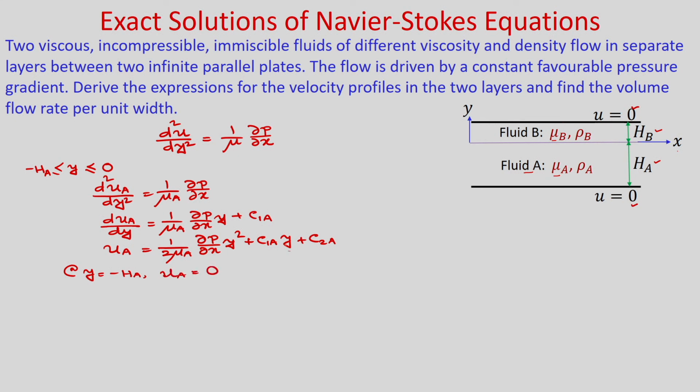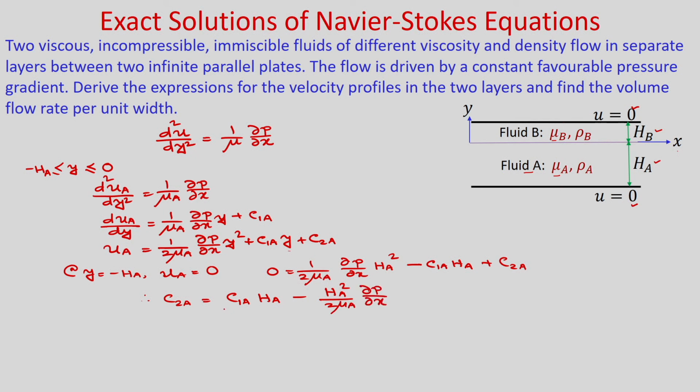So, you can see if you put it here, you will get 0 is equal to 1 by twice mu A del p by del x h A square minus C1 A H A plus C2 A. Okay. So, you can express C2 A in terms of constant C1 A as C1 A H A minus H A square by twice mu A del p by del x.